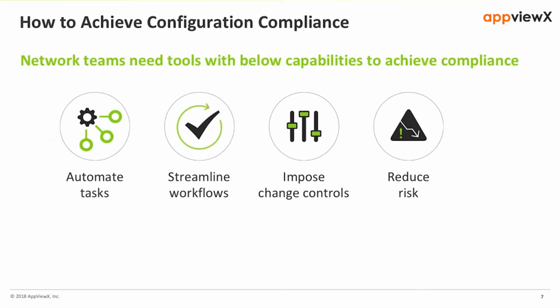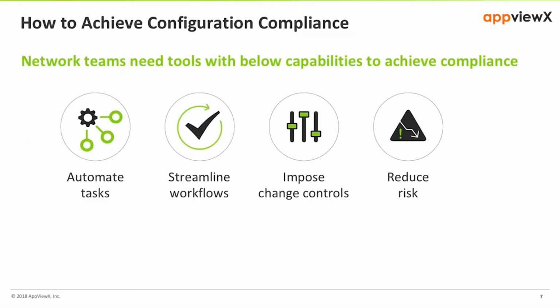So how do we achieve configuration compliance? The obvious answer is choosing an automation tool. The network teams need to choose a tool which will help them automate their mundane tasks. Once they automate their mundane tasks, it should have a provision to stitch them together so that it can be streamlined to design automation workflows.